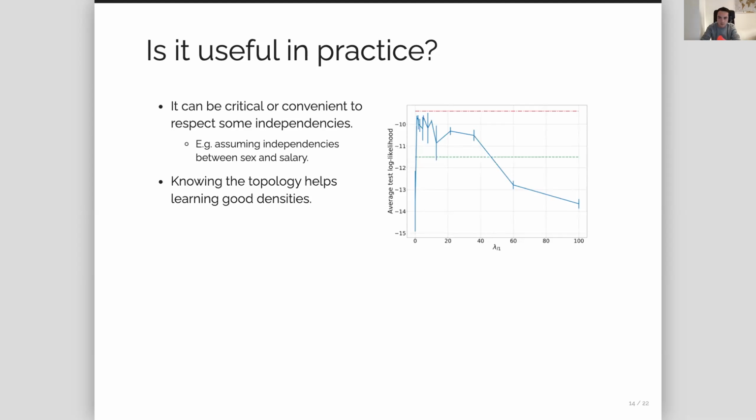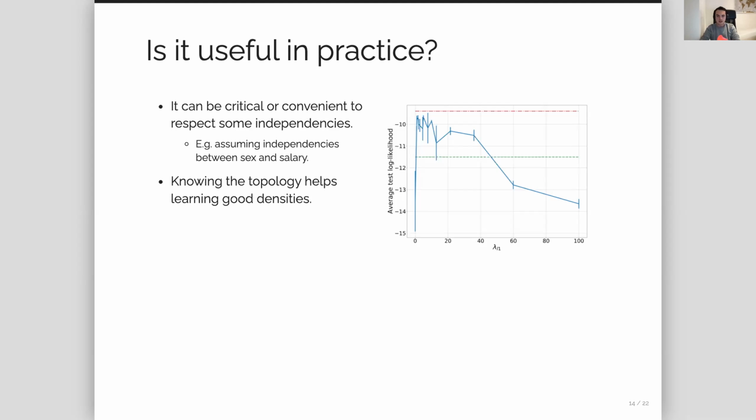So as an example here, if you look at the plot, you have the y-axis, which is the likelihood of the model, and don't care about the x-axis for now. So the red line is the likelihood of a graphical layer. So this is the layer I just introduced with a Bayesian network that was correct for the data we had in hand.